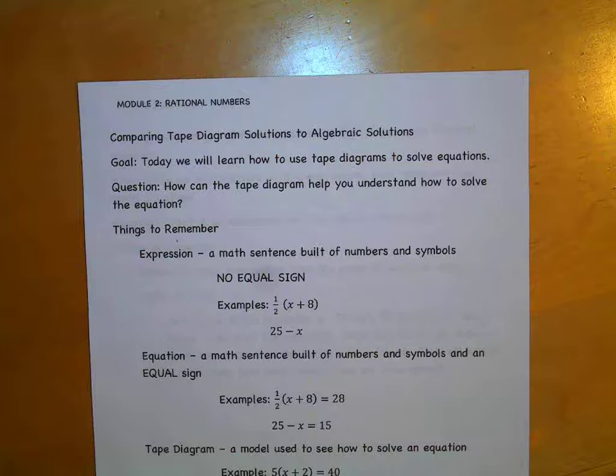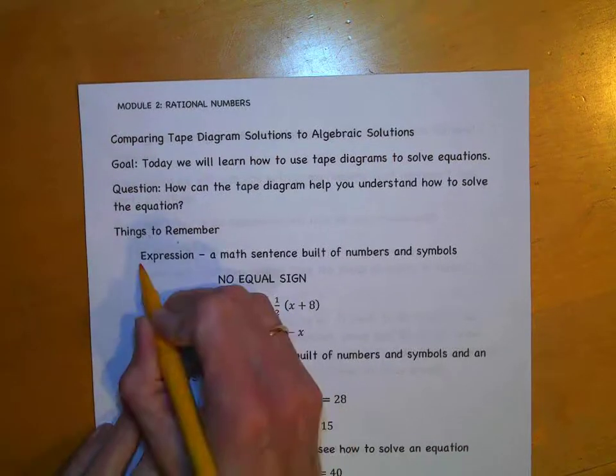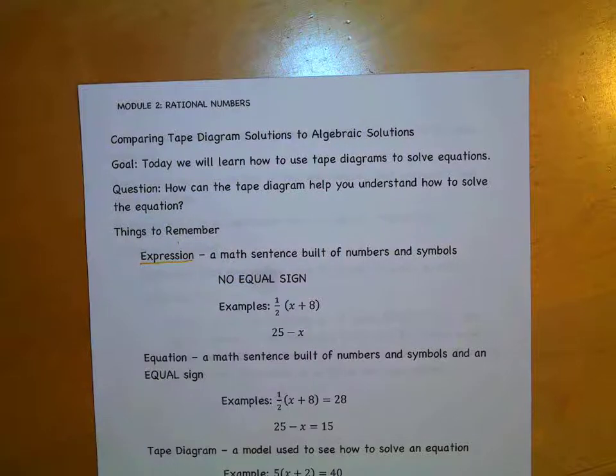So things to remember. These are all things that I've covered with you already, but I want you to have them written down one more time to make sure that you don't get them confused. The first one is we need to know what an expression is. An expression is a math sentence built of numbers and symbols. The most important thing to remember about an expression is that there is no equal sign.